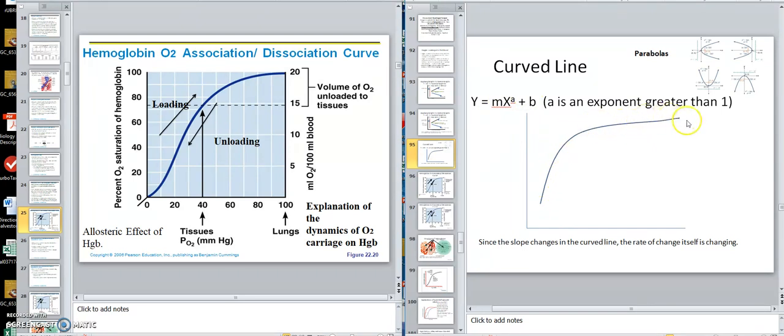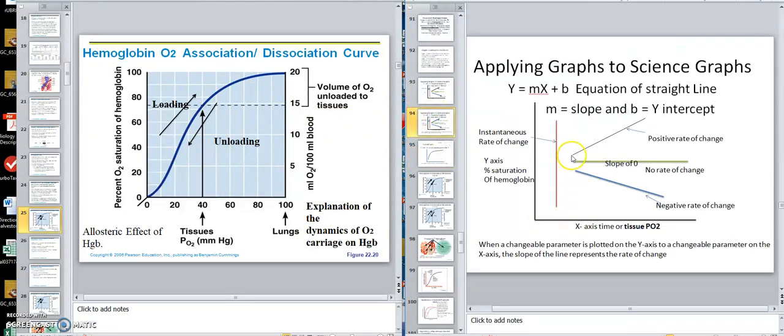That gives a curvilinear line. Now what does that say in science? Since the slope changes in the curved line, the rate of change itself is changing. With the straight line, it was a uniform change because you had the same slope all the way.